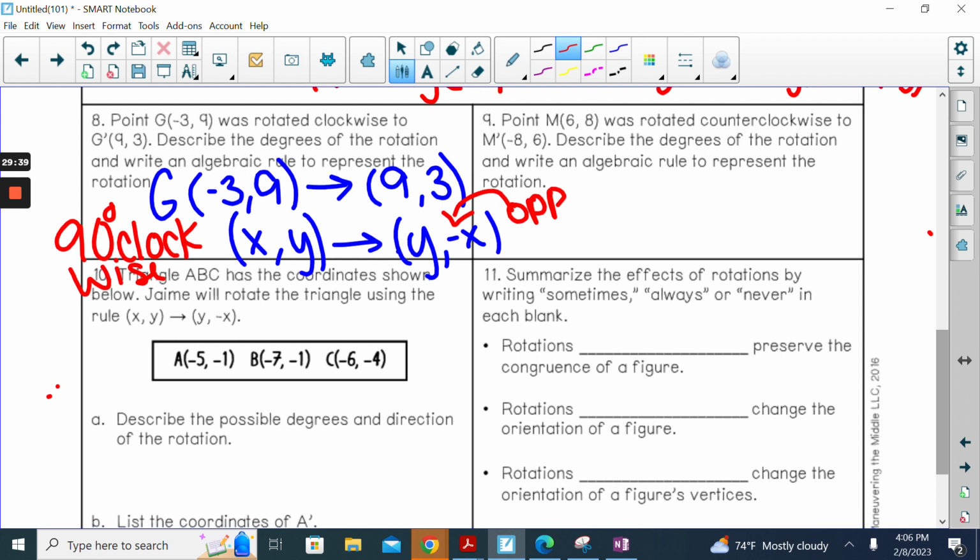All right, so by now you should have paused it and you would have seen with 6, 8 being our image, they switched and then the sign of y switched. So y moved to the front and switched its sign, and x moved to the back. Which means that point M was rotated 90 degrees counterclockwise.